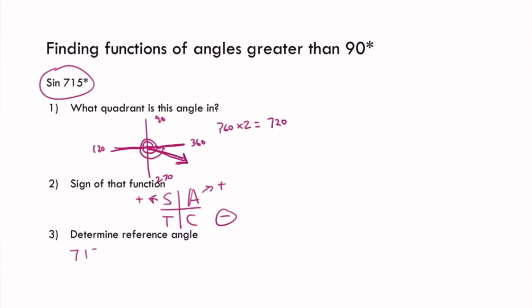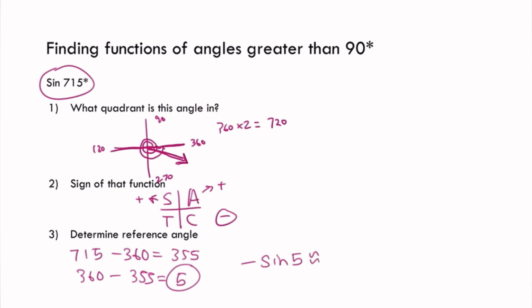We can do 715 minus 360, which is equal to 355. And 355 is pretty close to 360, so we can just do 360 minus 355 to give us 5. So the reference angle is going to be 5. We know that since it's in the 4th quadrant and it's sine, it's going to be negative. So negative sine 5 is going to be equal to around negative 0.0872.